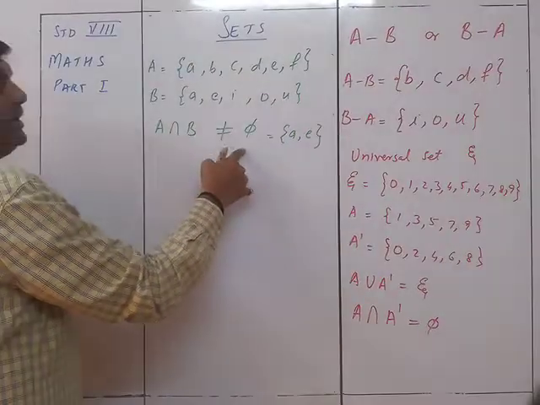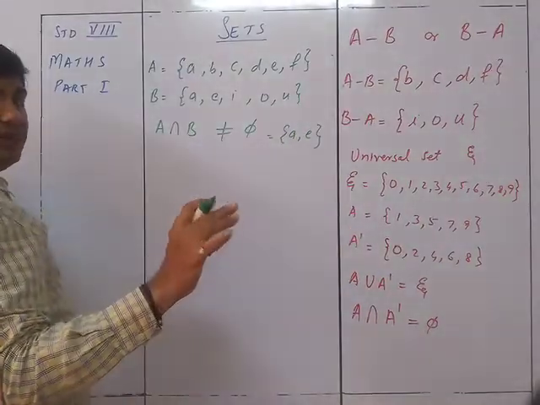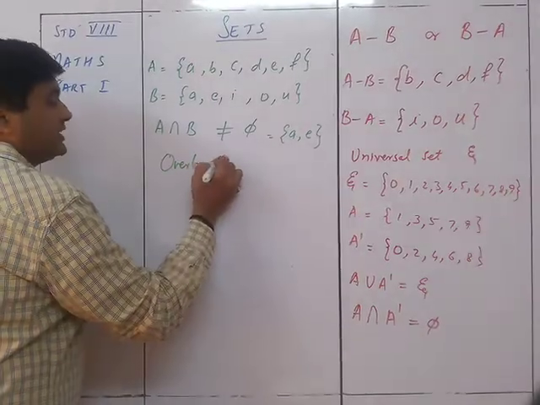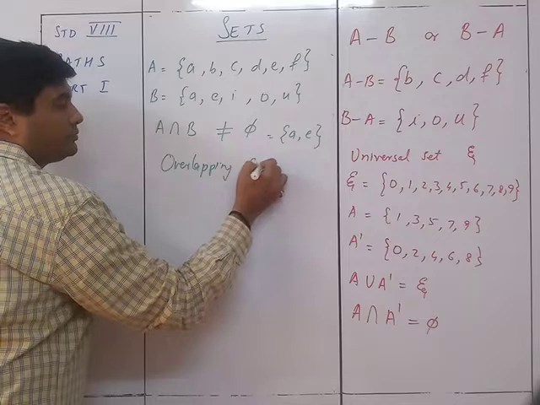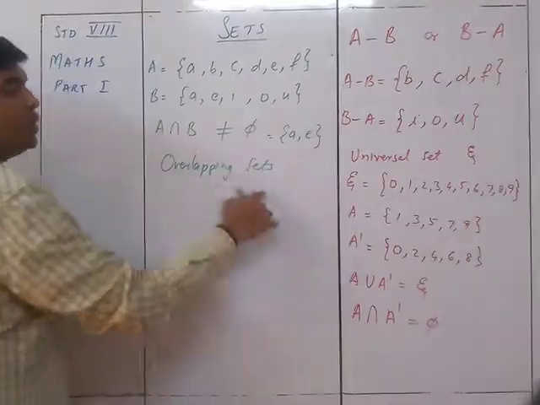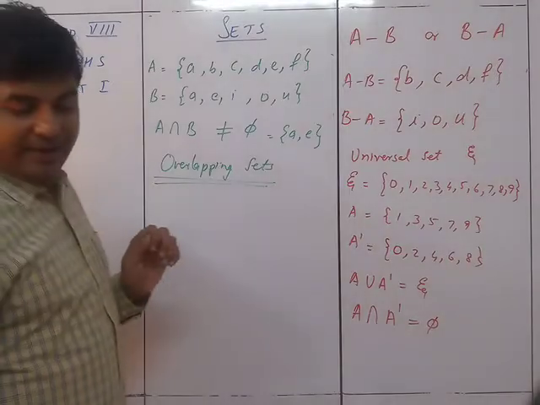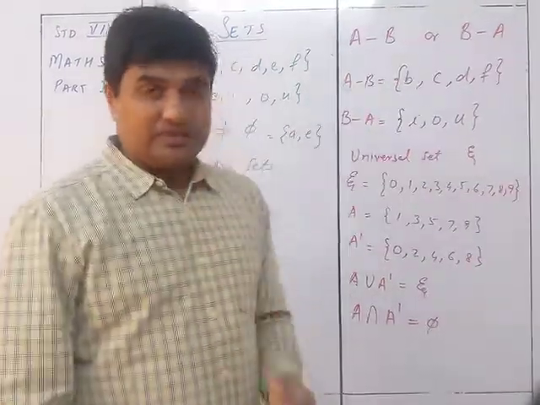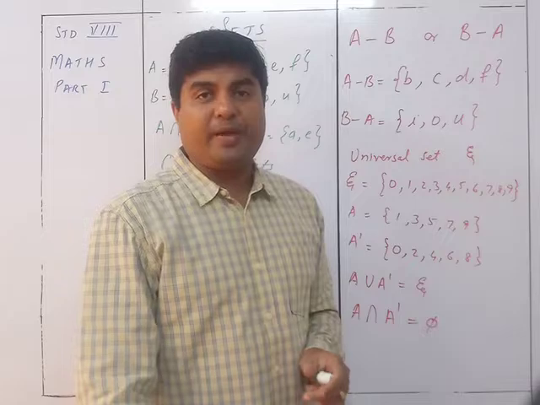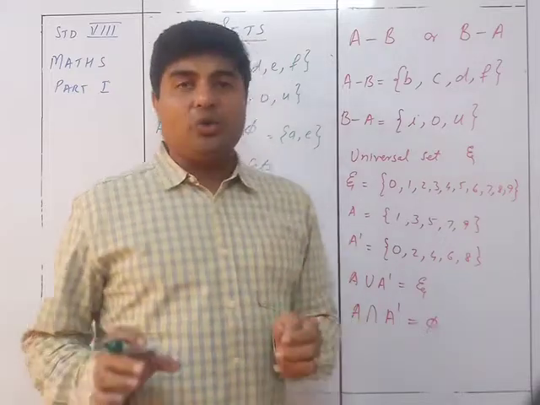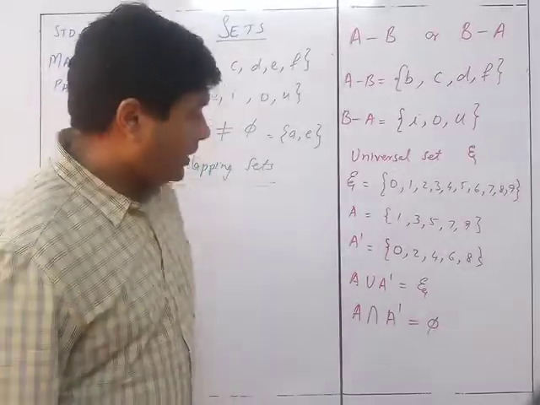That means there is something in the intersection between the two, and these are called overlapping sets. So those sets which have something common in them are called overlapping sets. Those which are overlapping are the ones in which the intersection is some value other than null set.